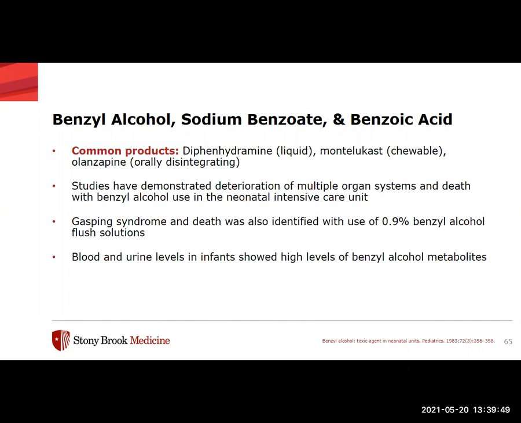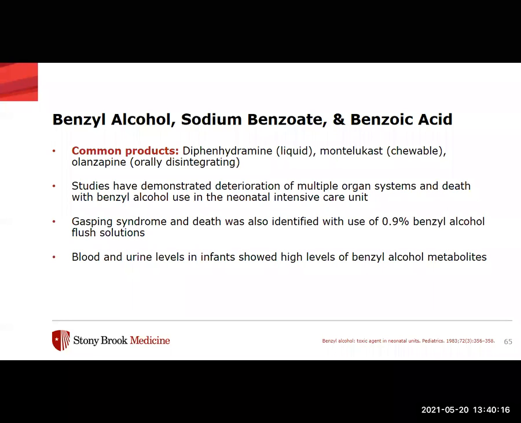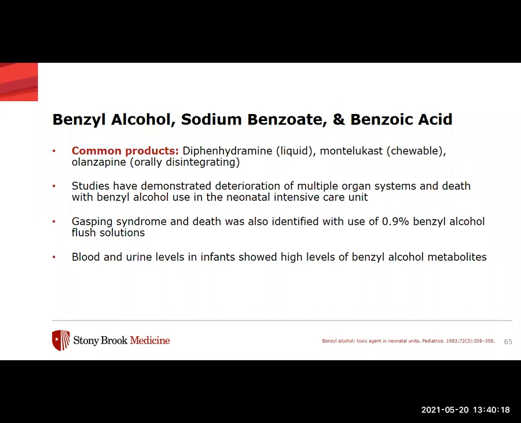A study including 10 premature infants in the neonatal intensive care unit demonstrated deterioration of multiple organ systems and eventual death with the use of benzyl alcohol. Additionally, the study investigators concluded that intravascular infusion of flush solutions containing 0.9% benzyl alcohol caused severe metabolic acidosis, encephalopathy, respiratory depression with gasping, and other abnormalities leading to the death of 16 infants.